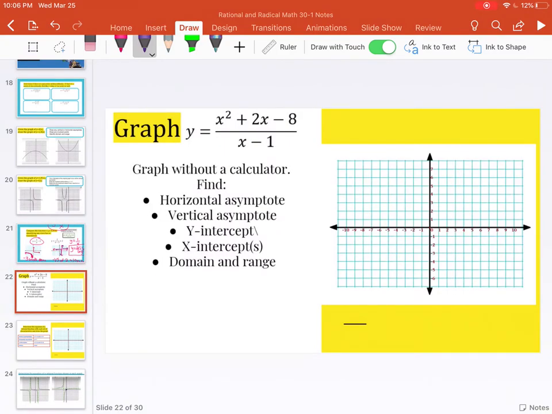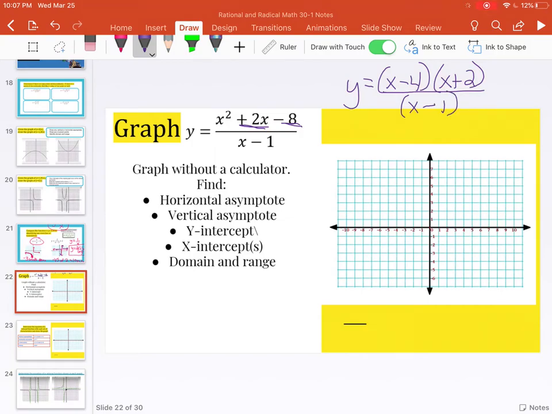Okay, so it says find the following without a calculator. So let's start off by factoring this expression. What two numbers multiply to give me -8 and add to give me +2? -4 and +2. So that would be my rational function in factored form.